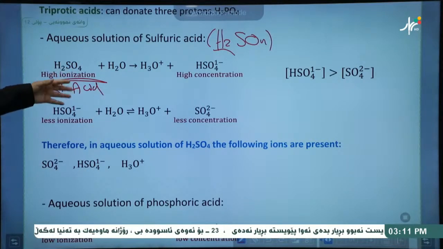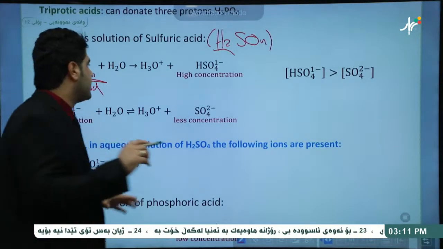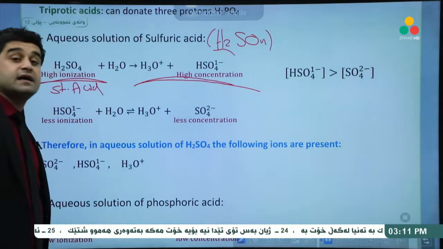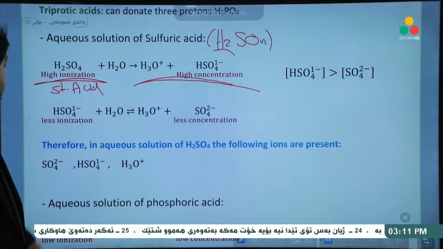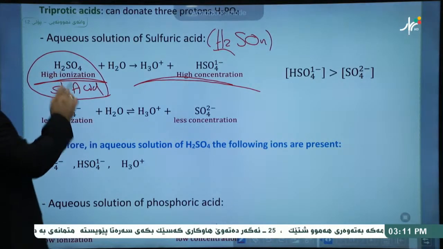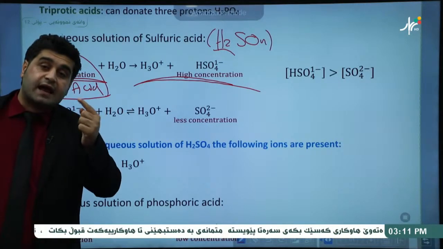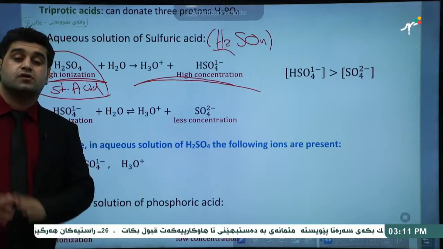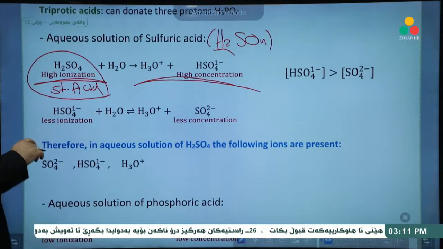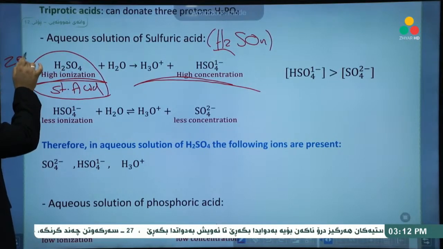A highly ionizable compound yields a product with the most concentration. That means we have the maximum concentration in here. Because it's a strong electrolyte, it has a weak attraction force between the hydrogen and the negative part, which is SO4. So it will break up into its ions completely, by 100%. So assume that the remaining concentration of H2SO4 is 0.